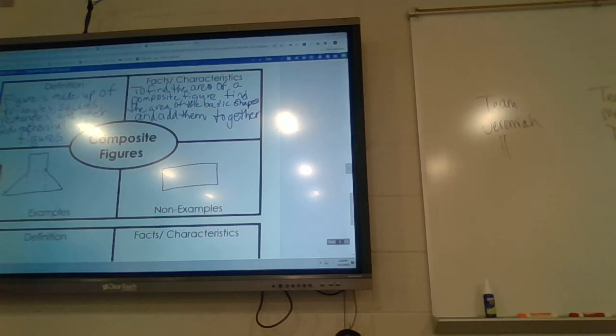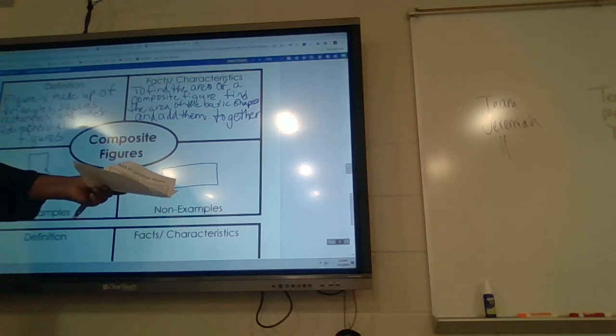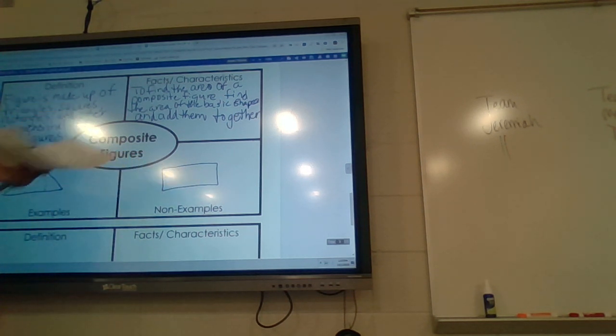Alrighty, so now this is an example of a composite figure. This is an example of a basic figure, so that's not a composite. Okay, so let's review area right quick.